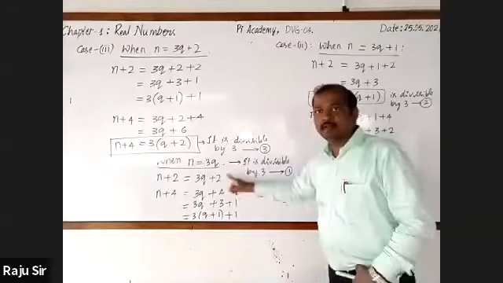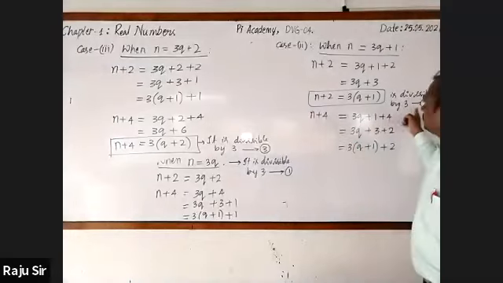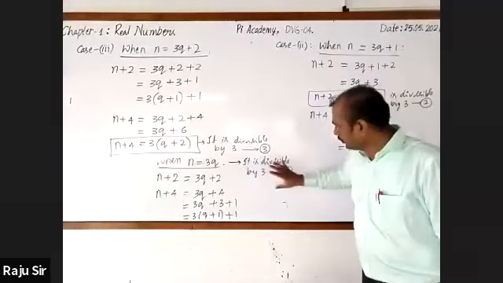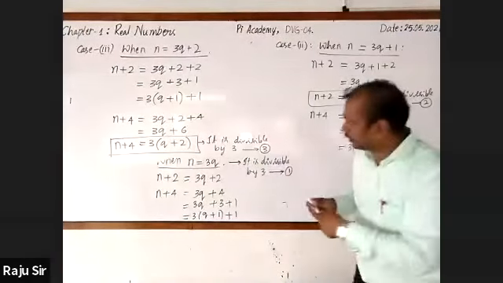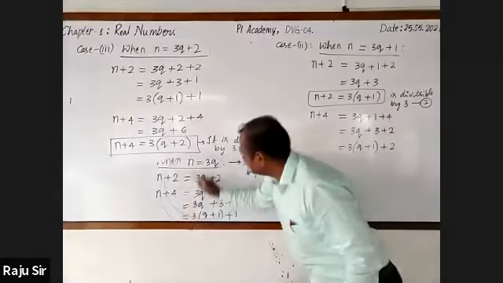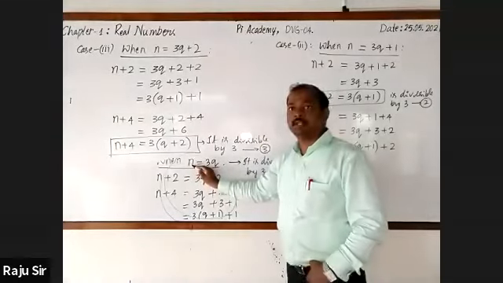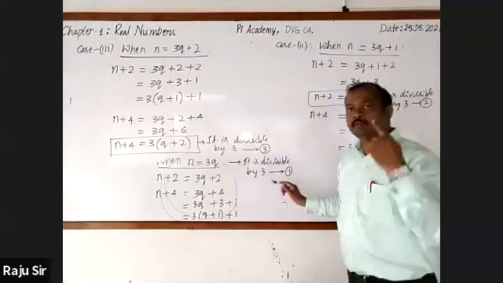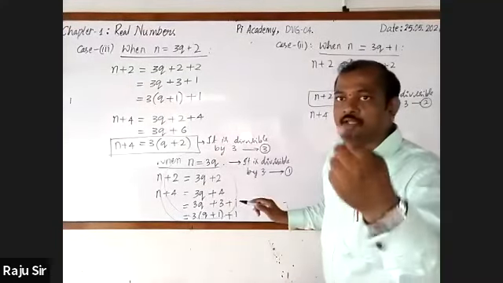Now look here. Statement 1, statement 2, and statement 3. With respect to statement 1, out of n, n plus 2, n plus 4, n is divisible by 3. No need to copy it. Now you have to listen to me.